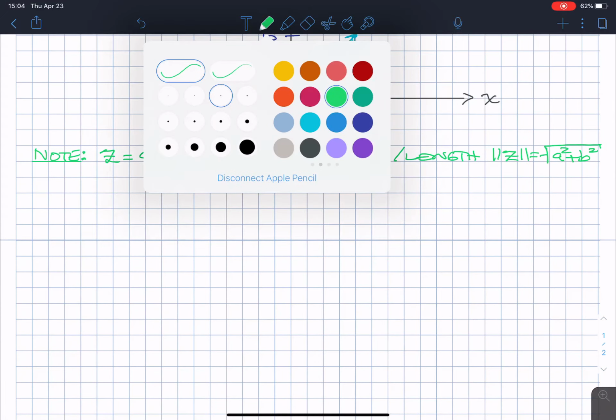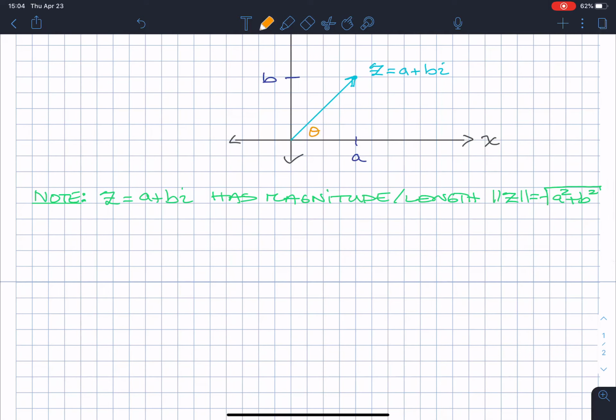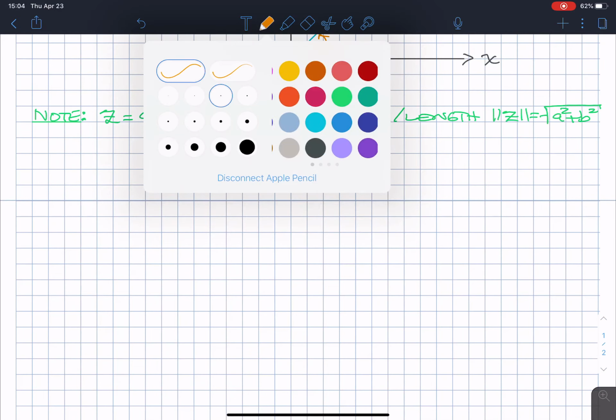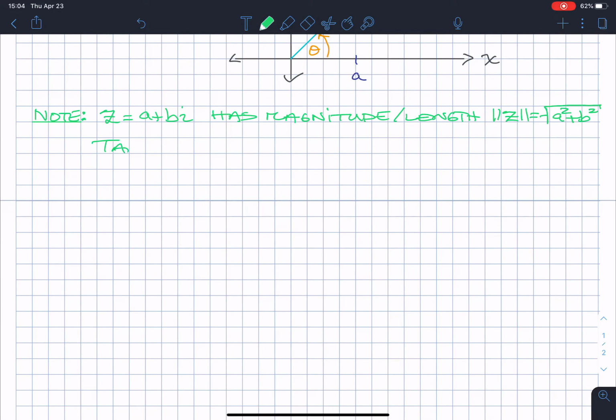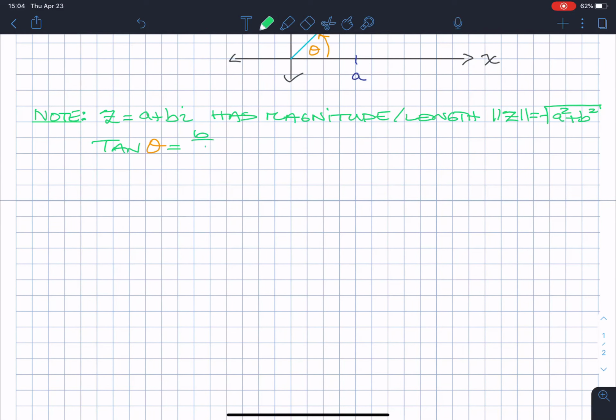Now if this were to have made an angle theta, which it does, with the positive x-axis, do you agree that tangent of theta, which is B over A, induces a direction of Z? Now we're going to rename these, but for the time being, it's similar to vectors.